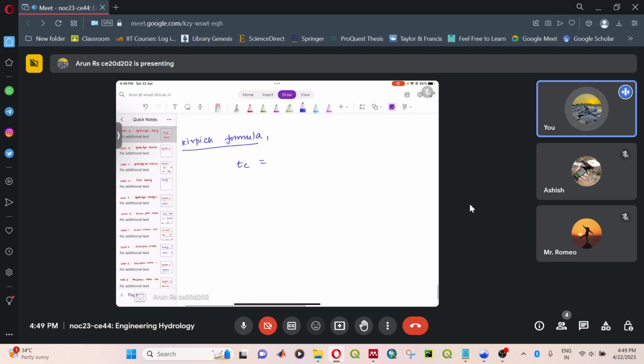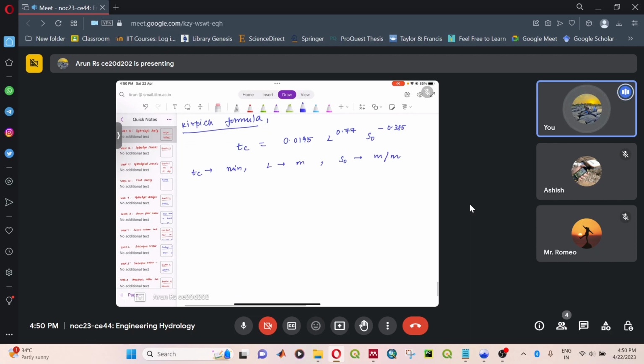Tc is given by 0.0185 L to the power 0.77 and S naught to the power of 0.385. So here Tc will be in minutes when you substitute length in meters and your slope as meters per meter.